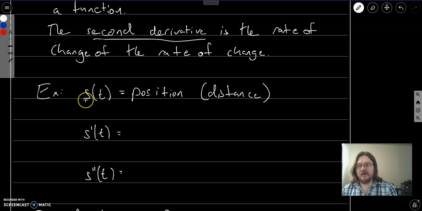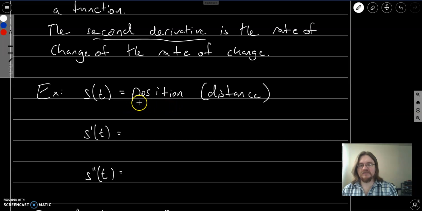So if we have s of t, I'm not sure why it's normally s, but it quite often is. This is usually what we use to describe the position of, let's say, an object, or the distance some object has traveled.